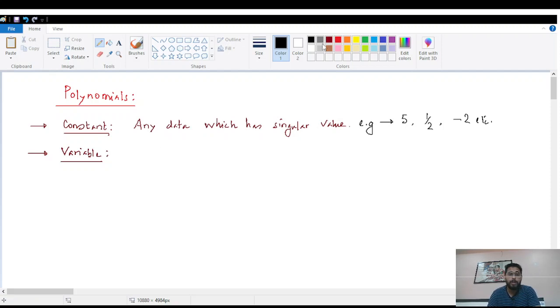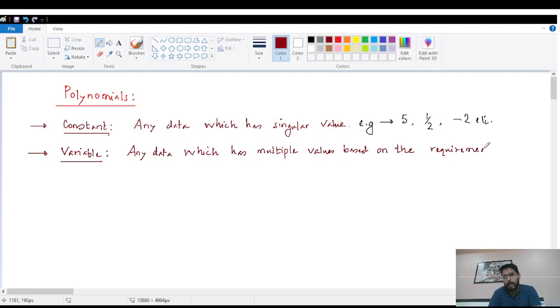Now variable on the other hand is any data which has multiple values based on the requirement.